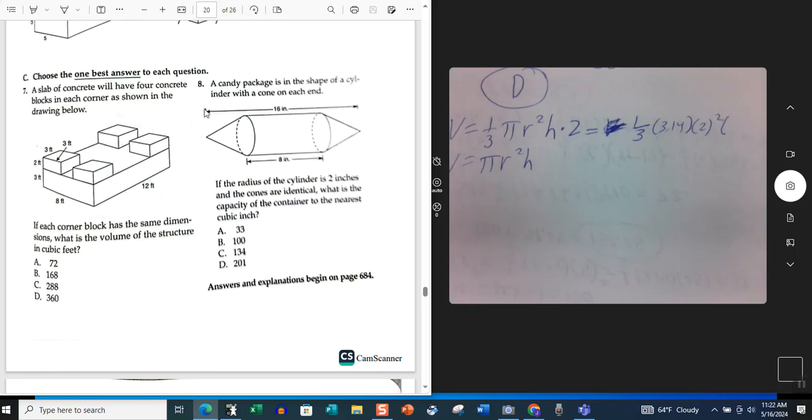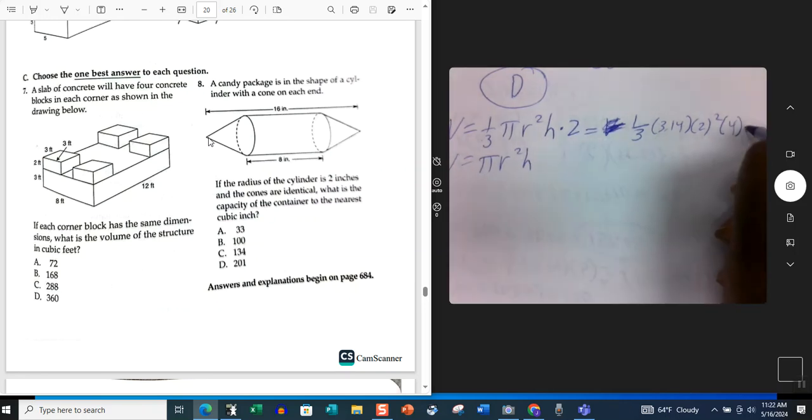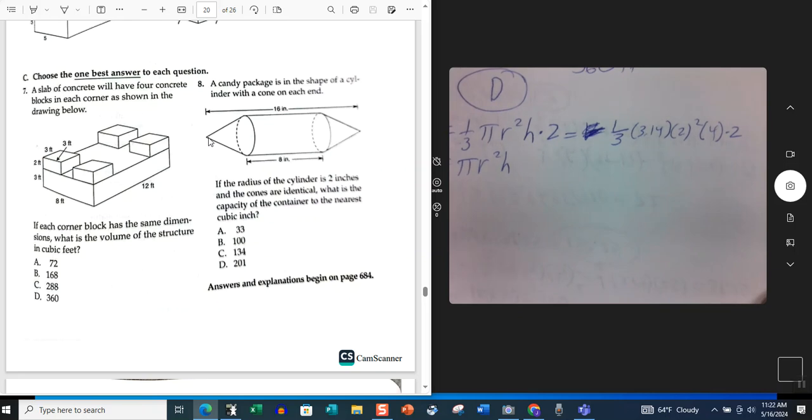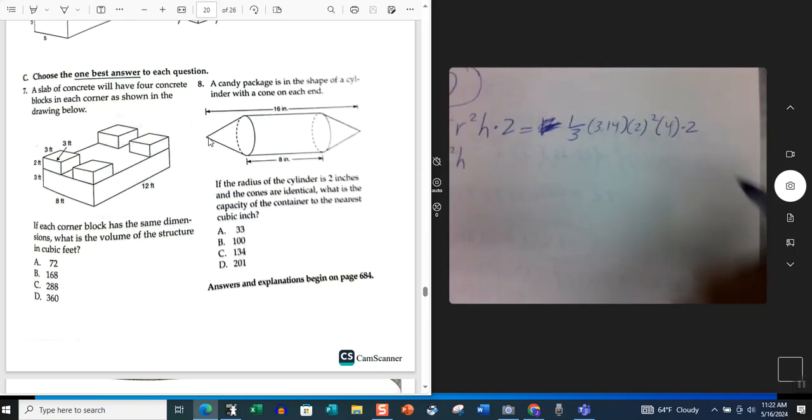And if you notice, from one end to the next is 16. So that means that both of these will have to have a height of 4, because total, these will be 8, because 8 and 8 makes 16. So the height here would be 4. So we will put 4 and then times 2, because we're doing it for 2 of them.